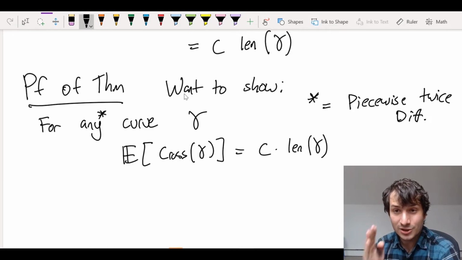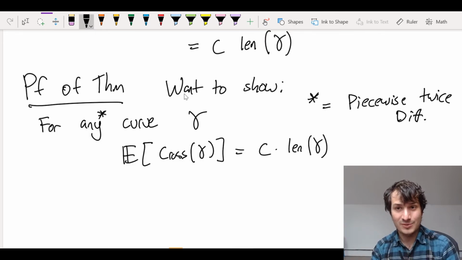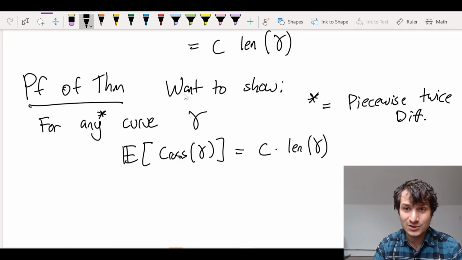Okay, and we're going to do the same kind of squeeze theorem type argument we did before. So we're going to find two curves.